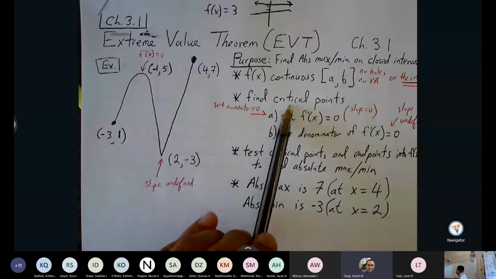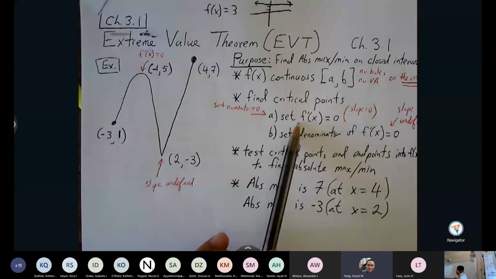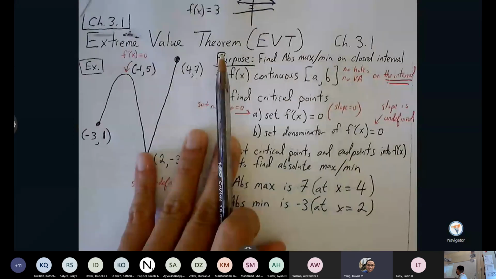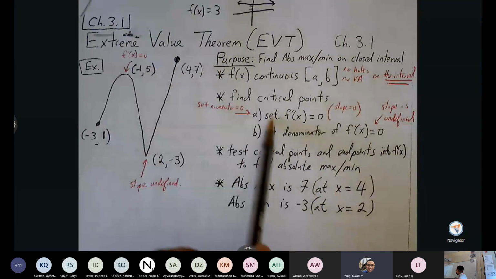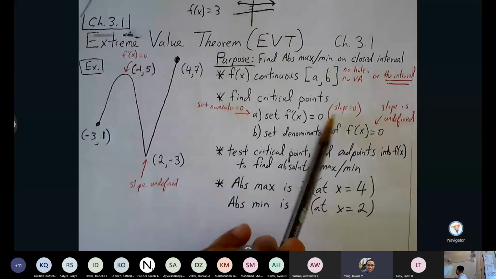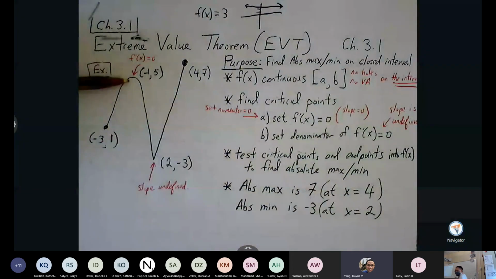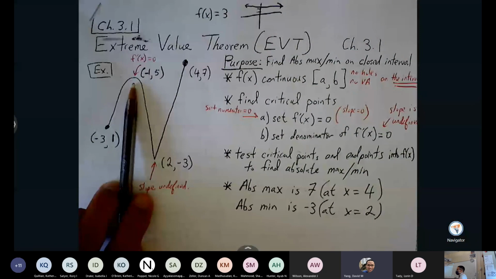The way we find critical points, we find the derivative, and then we set the numerator of the derivative equal to 0. And if there's a denominator, we also set the denominator of f prime equal to 0. This is what the numerator does for us. If I set the numerator of f prime equal to 0, I'm able to locate places where slope is 0, such as this point, and we're able to understand this is a candidate for our potential absolute max.